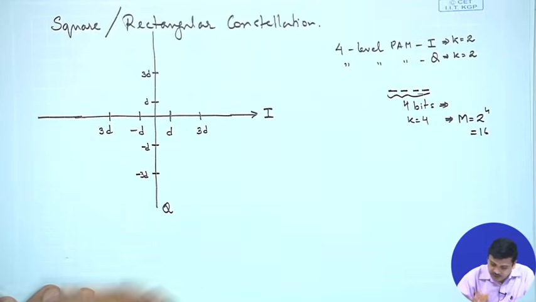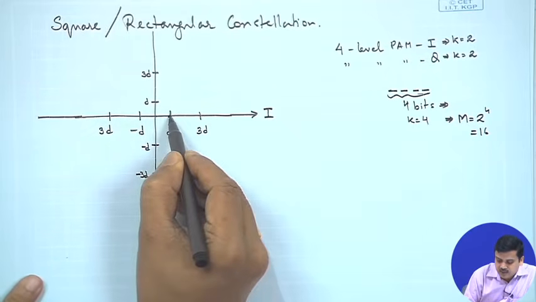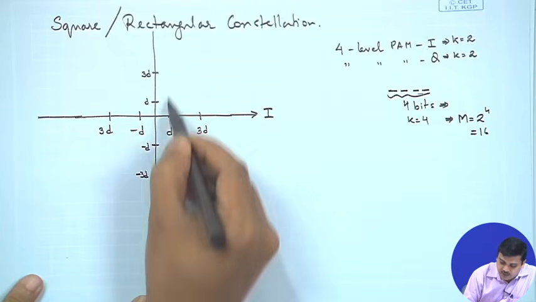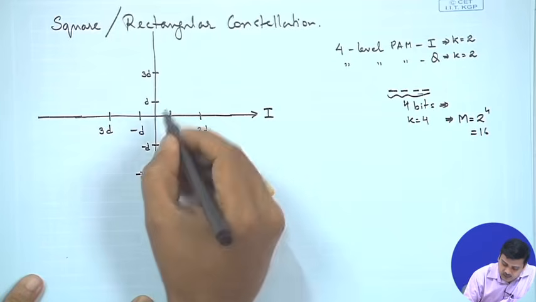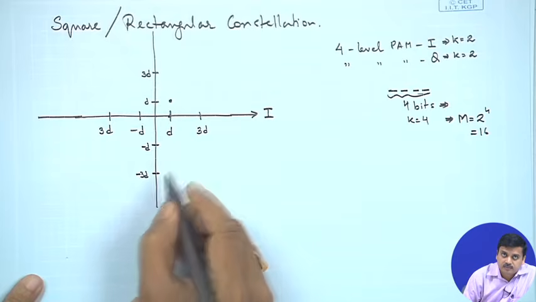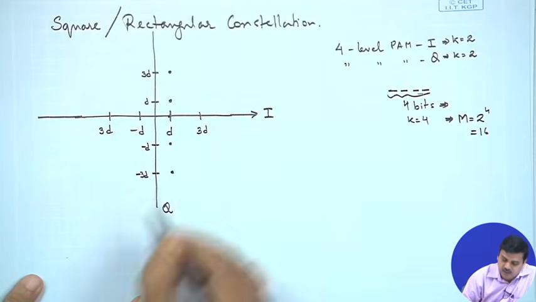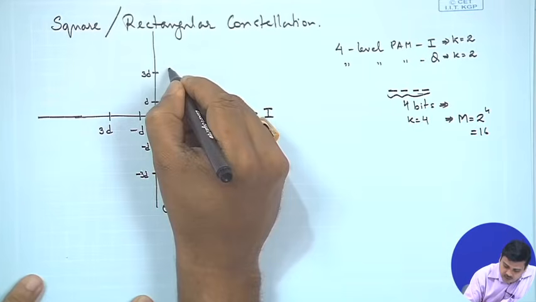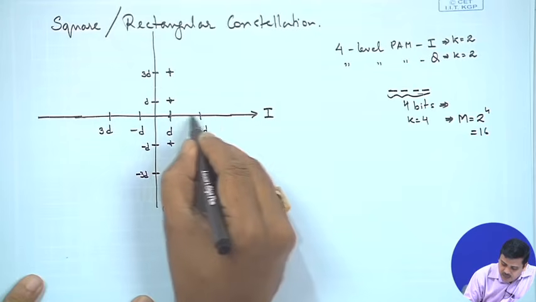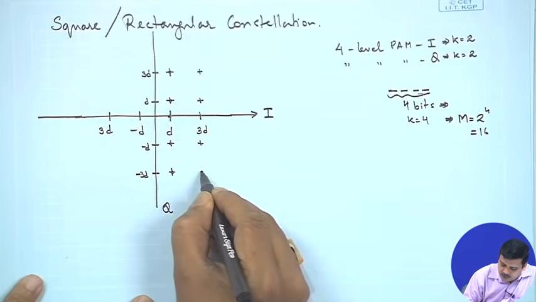So, let us see whether we get it or not. When I select 2 bits on the I axis, let us say I have come to this d. I also have to select 2 bits on the q axis. So, I could select all of these points, and then a combination of d and d would be a point here. Similarly, I will get a combination there, there, and there. So, we are able to select all these possible points. When my I is 3d, I will again get these 4 possible points.